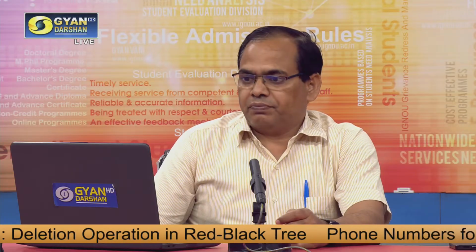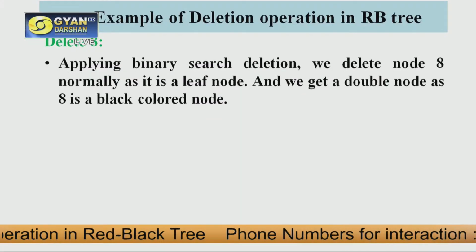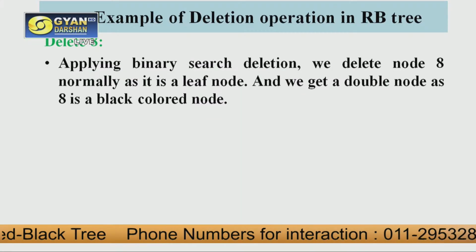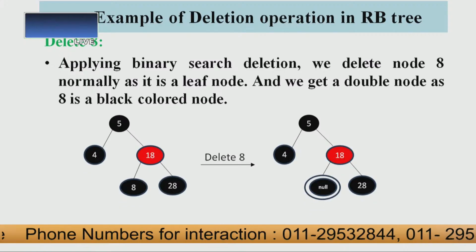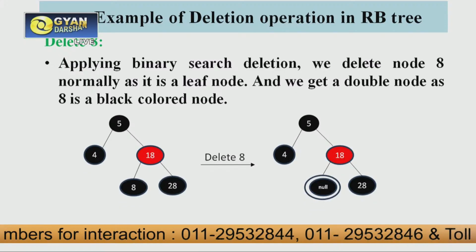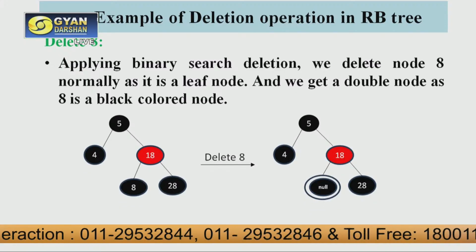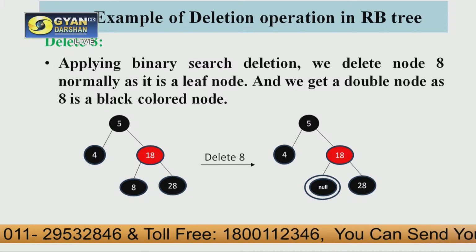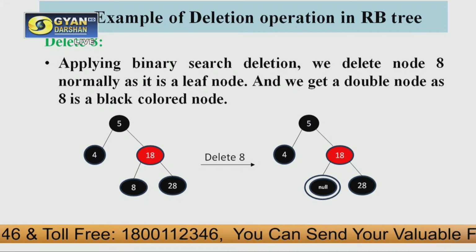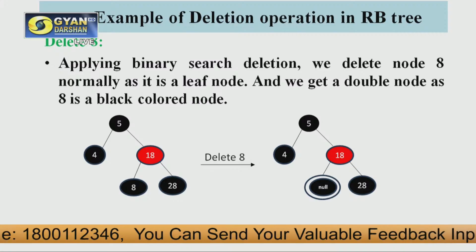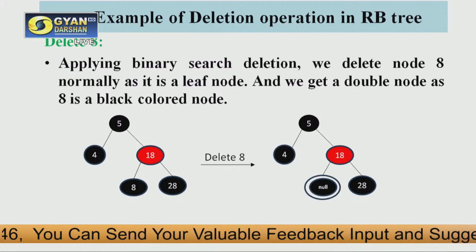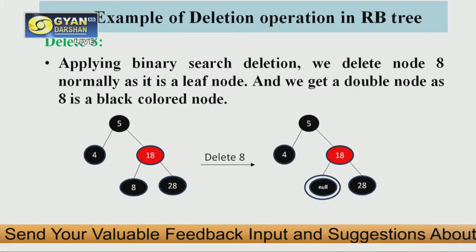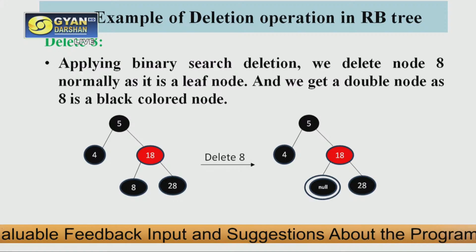Similarly, the next element to be deleted is 8. First of all, we apply binary search tree deletion. In this deletion, we search for 8 starting from the root, we go to the right. Next is 18, we compare with 8, and then we go to the left, and we find that it's a leaf node.